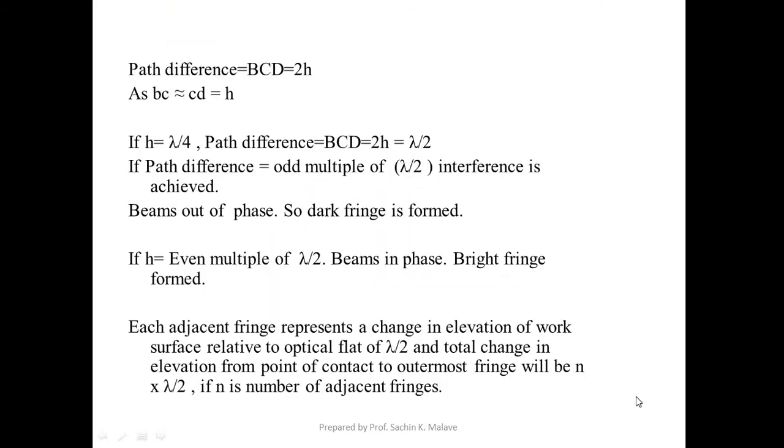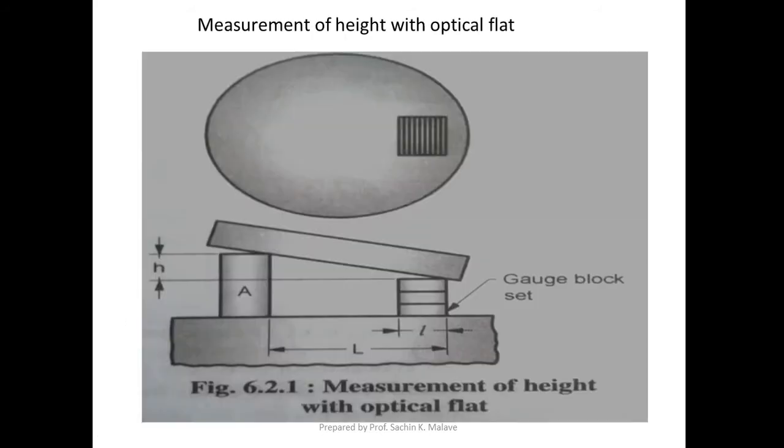We saw how to find the difference between the height of a master component. Now we have to see how to measure the difference between a gauge block and a component whose heights are not equal. As you can see, this is the gauge block set whose height is known to us, that is the standard one, and its length is small l.